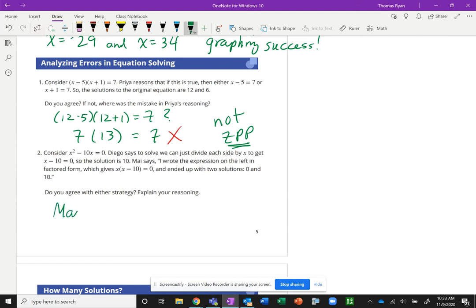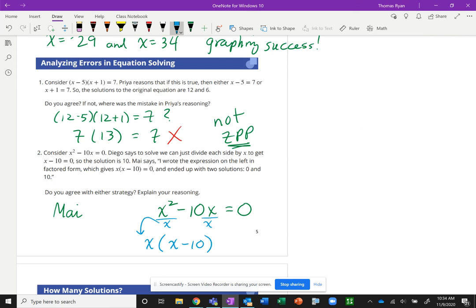So I think hopefully we should agree with Mai that when you have x squared minus 10x equals 0, you can't eliminate an x and just divide it off like Diego did. You can't just get rid of it. But what we can do is factor, like Mai said. We're writing this in factored form because that x is still part of our solution.